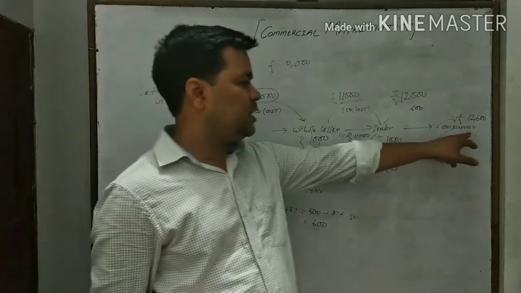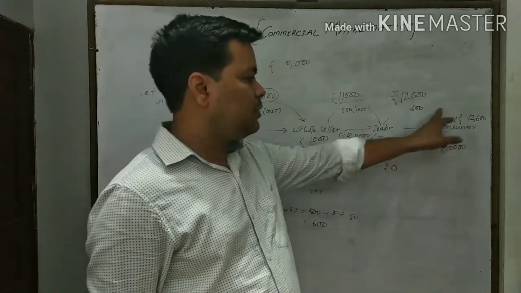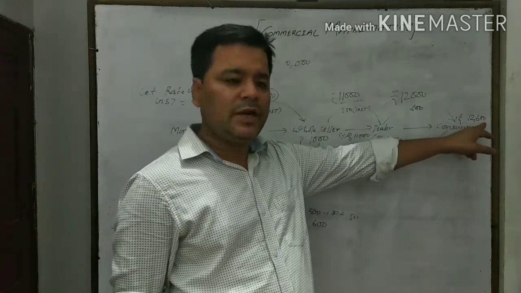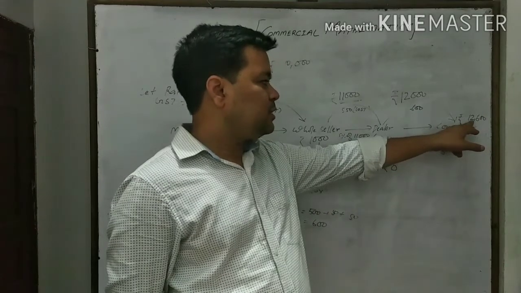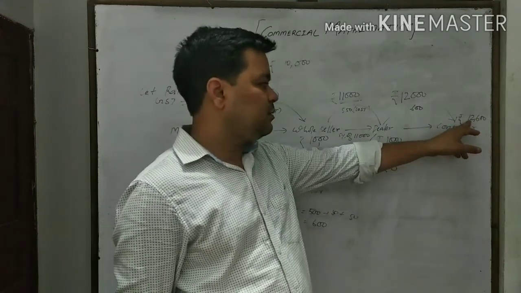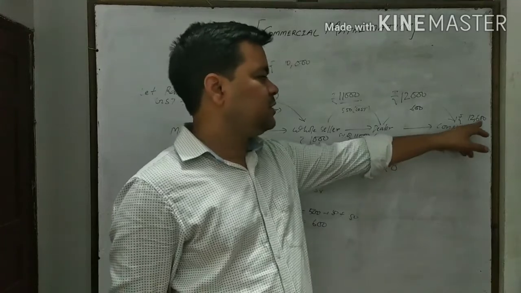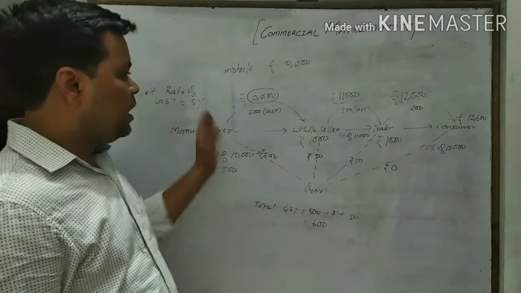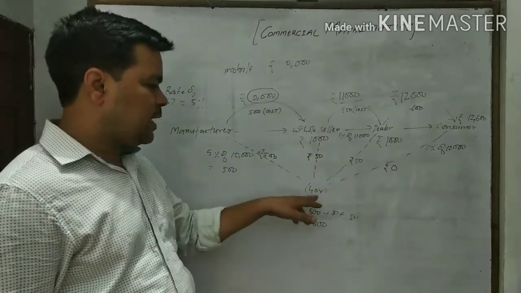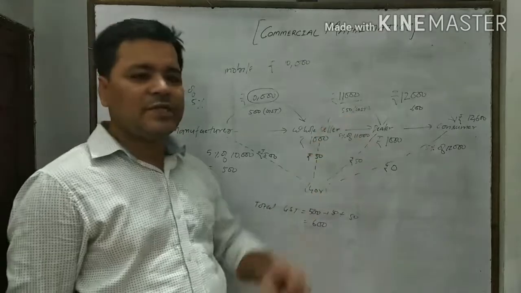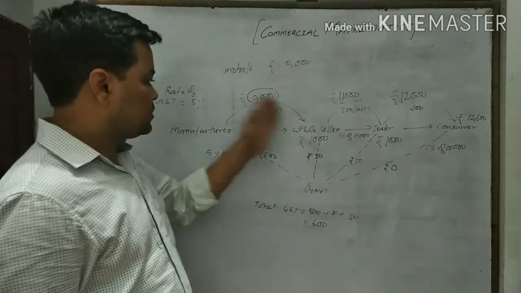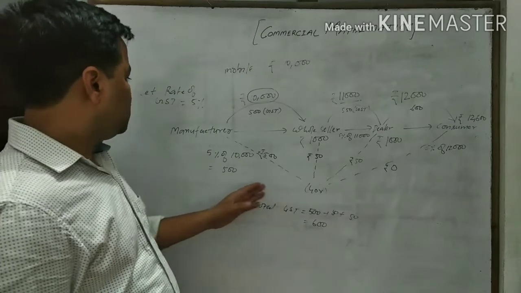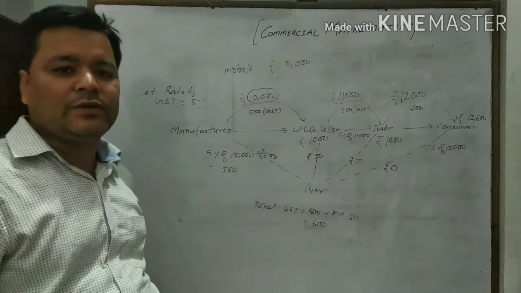And here we also see that the total amount of the mobile including GST is 12,600, where 12,000 is the actual amount of the mobile, but 600 is in the form of tax. I think you understand how GST is collected by the government from each and every stage. Therefore GST is collected this way.